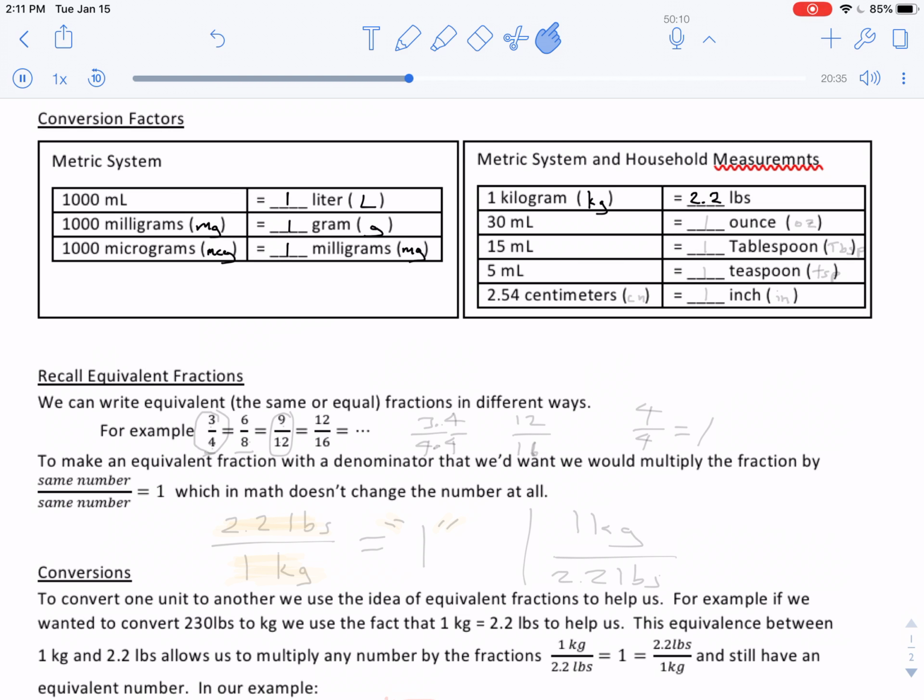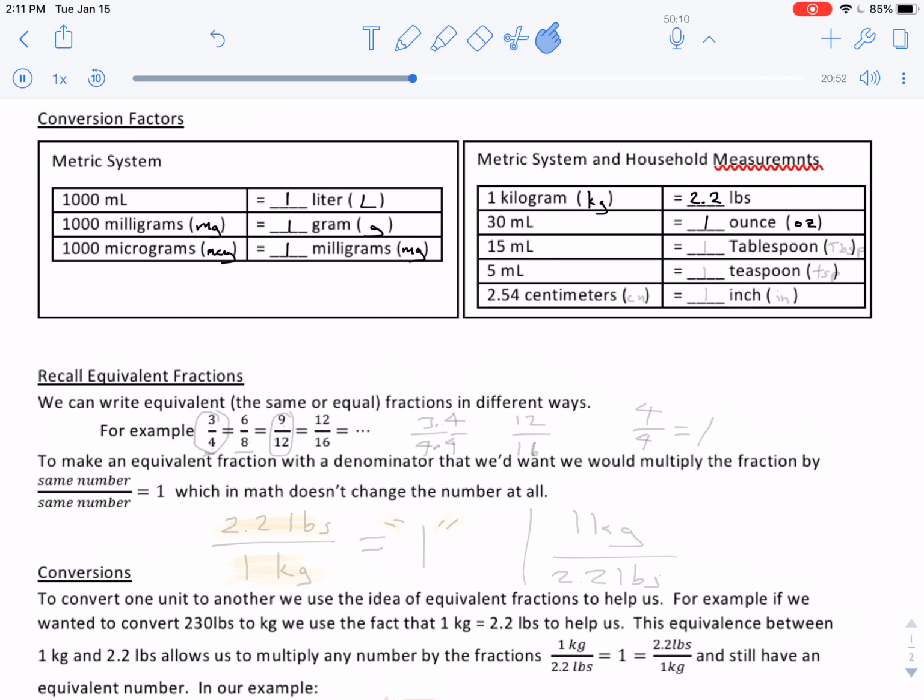Another thing to keep in mind is that 30 milliliters equals 1 ounce, abbreviated OZ.